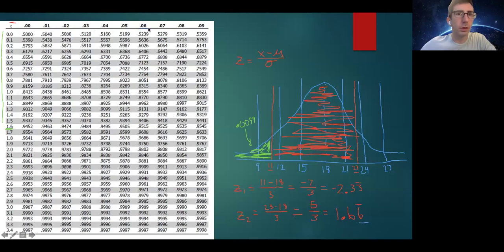So we'll come all the way over to 0.06. Let's go down our table and across to where these two intersect at 0.9515. So now we found that from 1.66 all the way to the left, the area under the curve is equal to 0.9515.